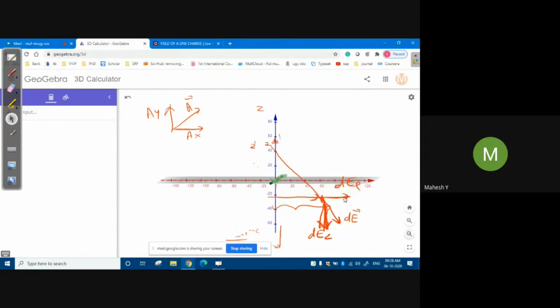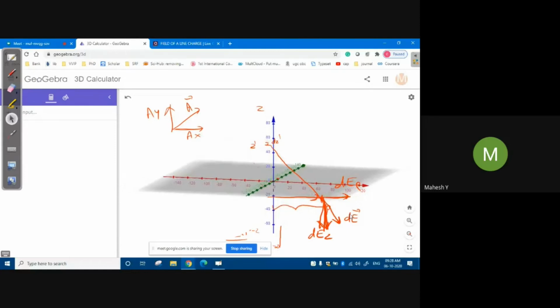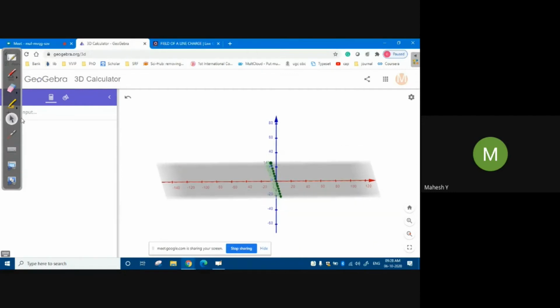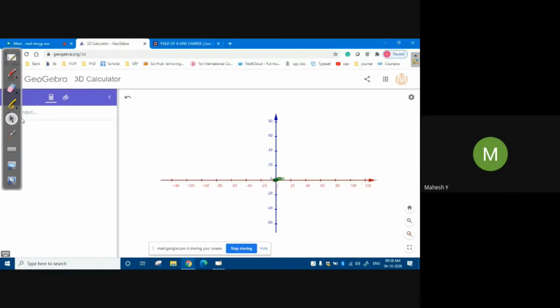While integrating, I'll make it smaller. So I have z prime here. The point P is here. dz prime is also here.